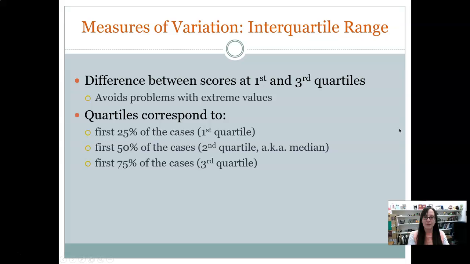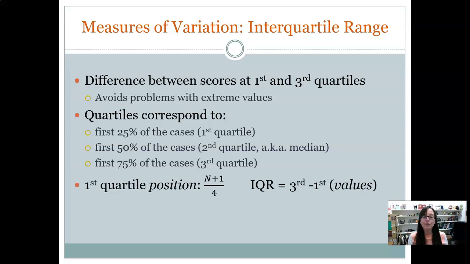The second quartile is the first 50% of cases, which would also be your median. The third quartile is the first 75% of your cases. So you're basically breaking them into 4. And when you're looking at the difference between your first and your third quartile, you're cutting out the bottom 25% and the top 25%, and you're looking at the middle 50%. That's what the interquartile range does.